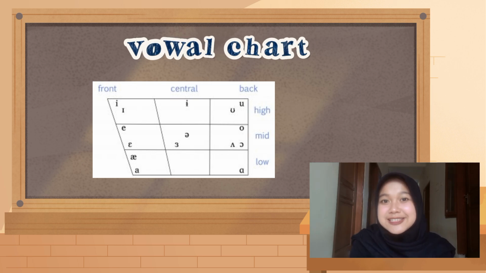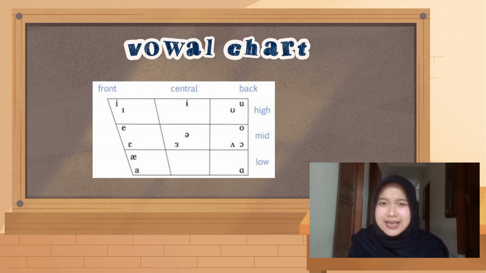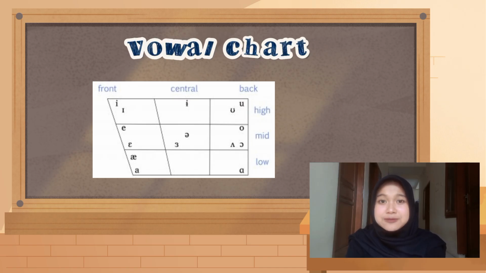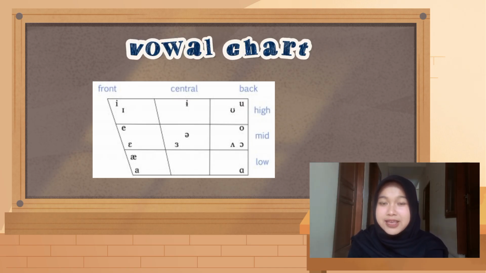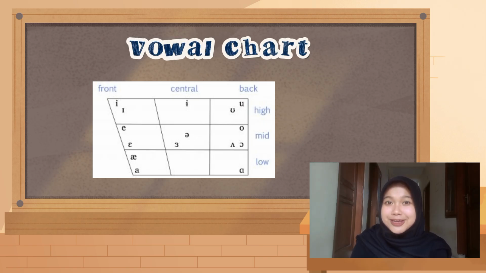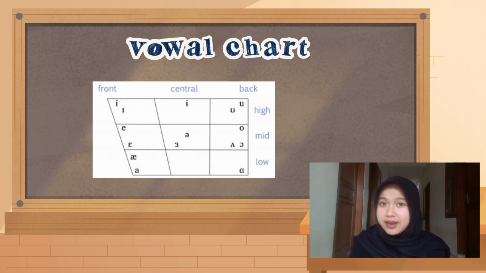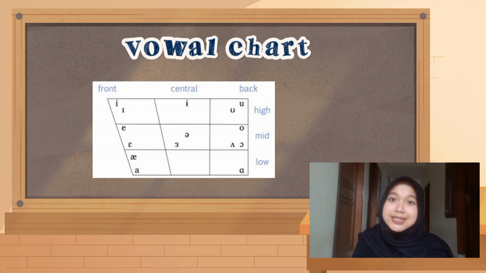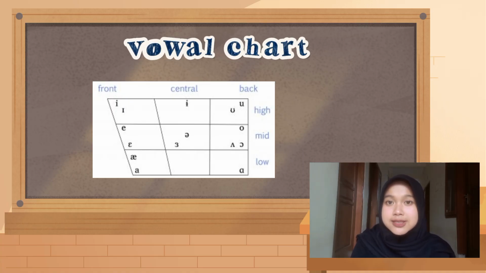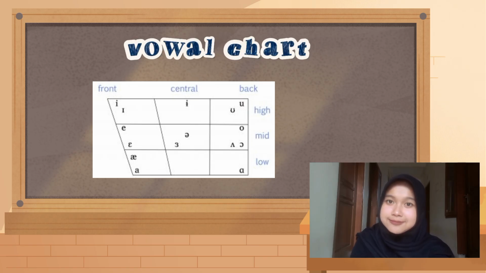Next, let's move to talk about consonants. A consonant is a speech sound made with closing or stopping the air. When we produce consonant sounds, the air doesn't flow freely. The lips, teeth, or the tongue block the air in different ways.